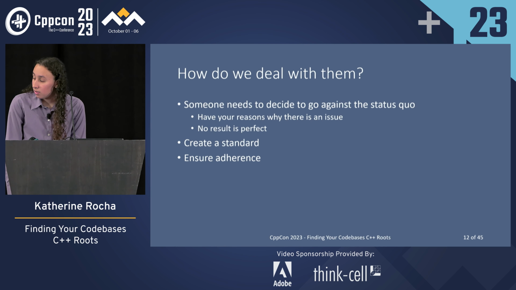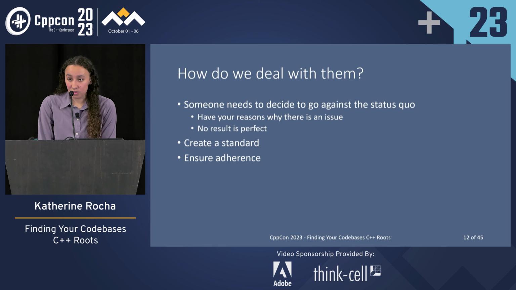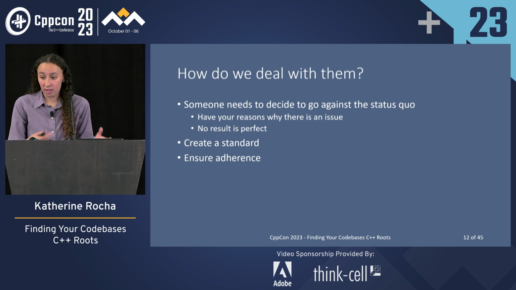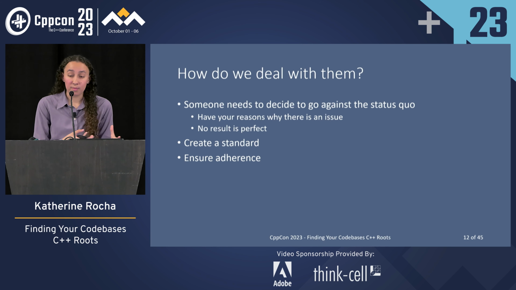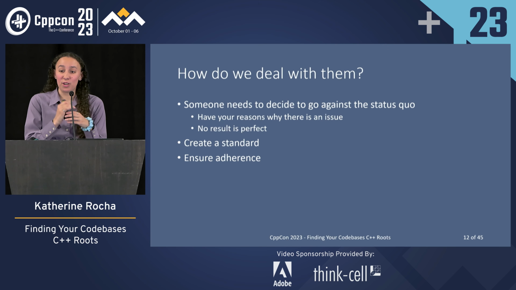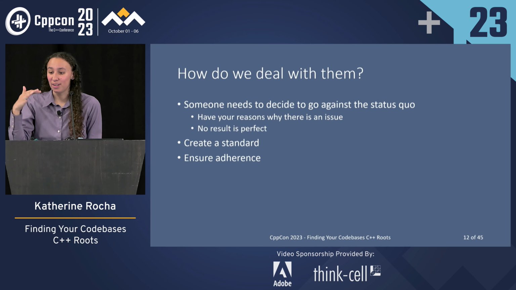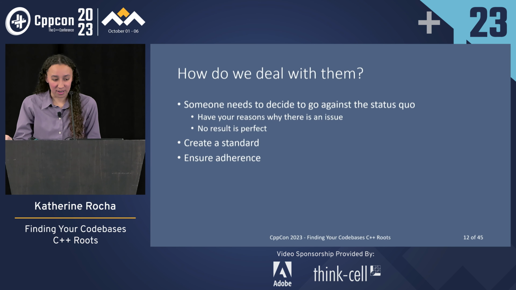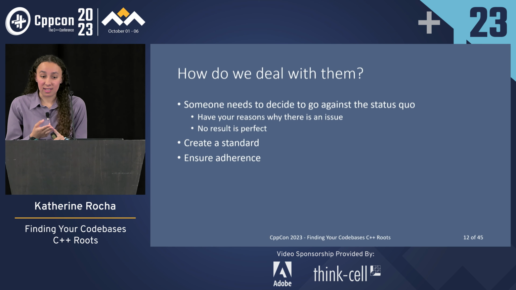Cool. So to deal with it, we're going to need to go against the status quo. And this is something that we see everywhere. With the kid example, we're going to need to have someone who decides maybe we don't name all of our kids based on which family member is going up the tree because we're going to start having duplication. And this isn't working too well. So we have to figure out that there's an issue, why there's an issue, and what we're going to do in order to fix that issue.